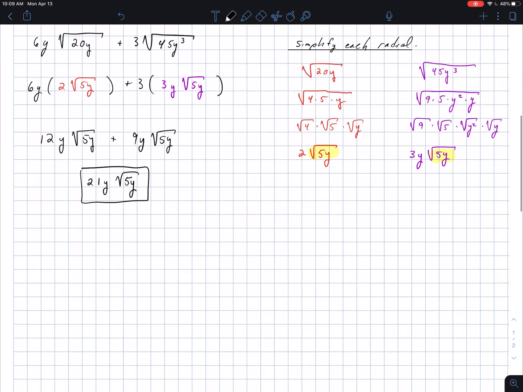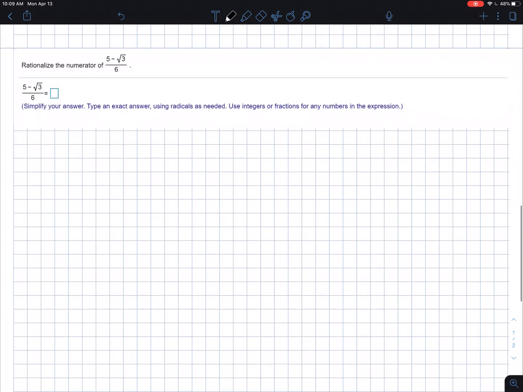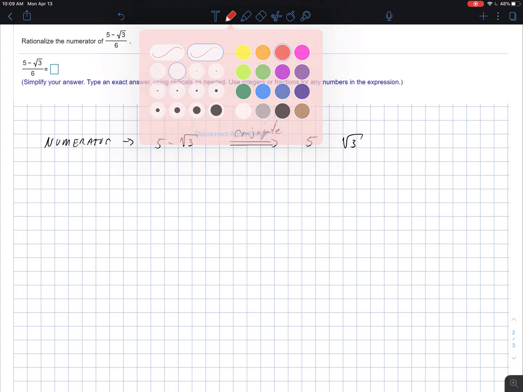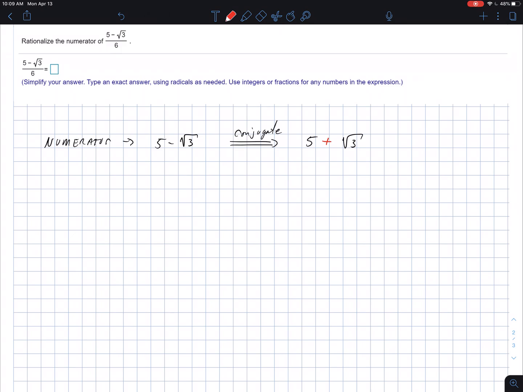Okay? Okay, rationalize the numerator. So the numerator here is simply 5 minus the square root of 3. So its conjugate is the same thing, except the symbol between them is altered.